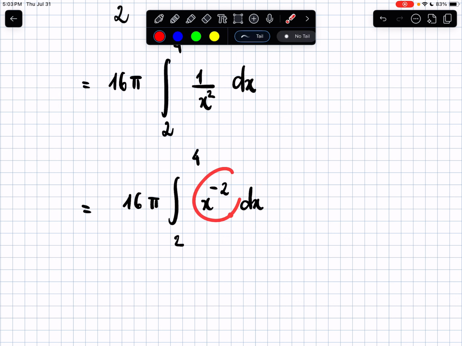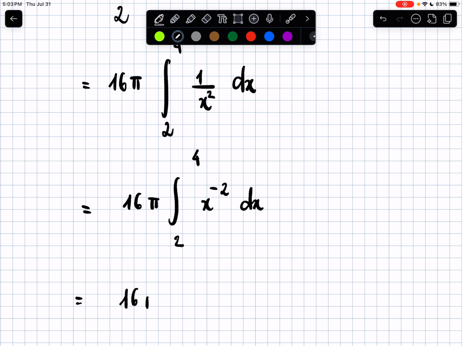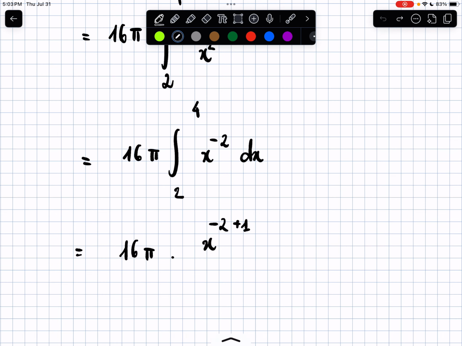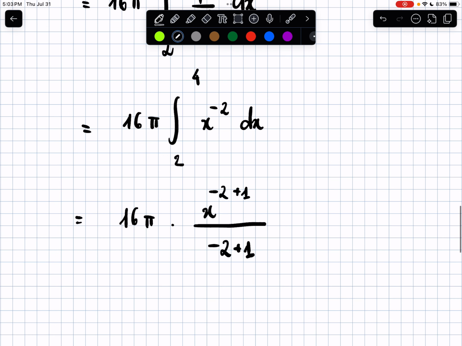In the general case, it is the integral of x to the n, where n is just a number. So 16 pi times x to the minus 2 plus 1, divided by minus 2 plus 1, for x from 2 to 4.